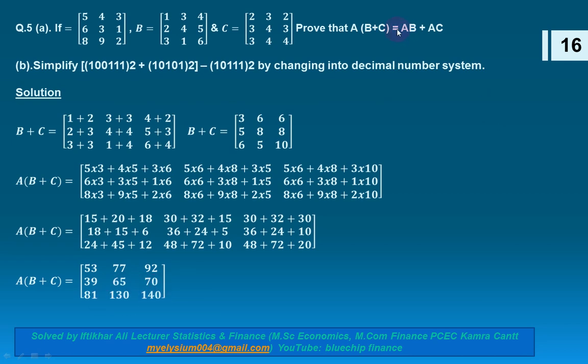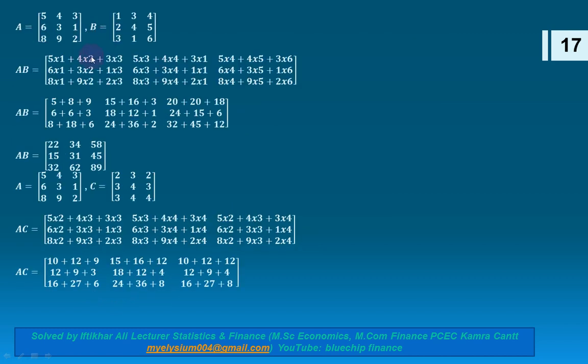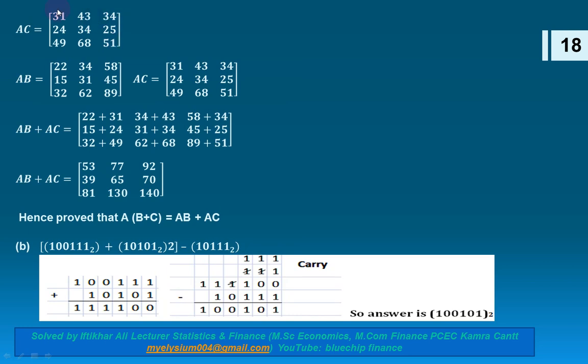And after that we just multiply AB. After that we will multiply AC and we add up the answers. First of all we multiply A with B, and here we multiply A with C, and AB is equal to 22 3 4 58 15 31 45 32 62 and 89, and A multiplied by C is solved here, and after that we just add up AB plus AC.